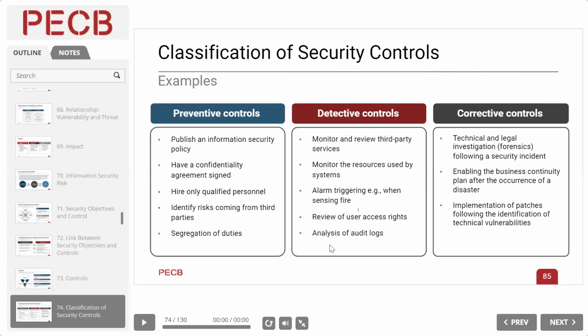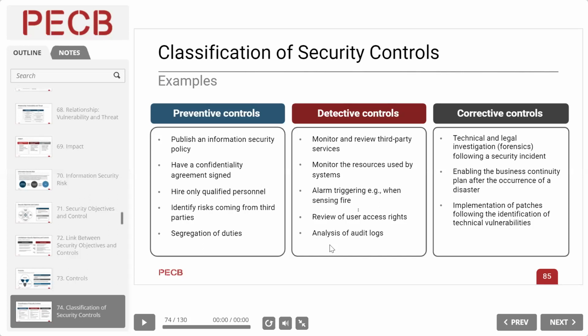These are some of the examples. Under preventive controls: publish an information security policy, have confidentiality agreements signed, hire only qualified personnel, identify risks coming from third parties, segregation of duties. Those are examples of preventive controls.